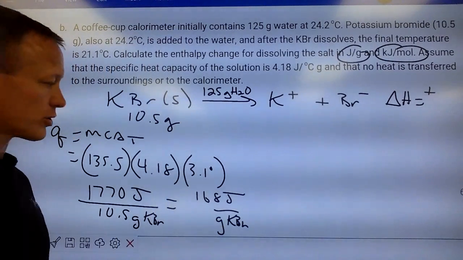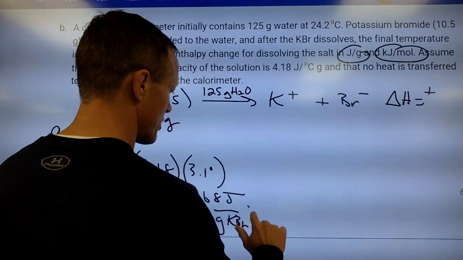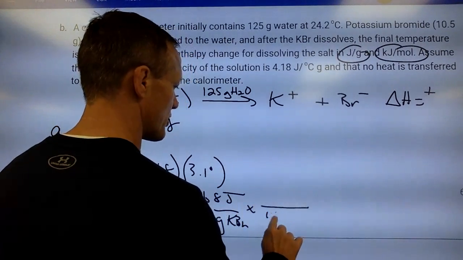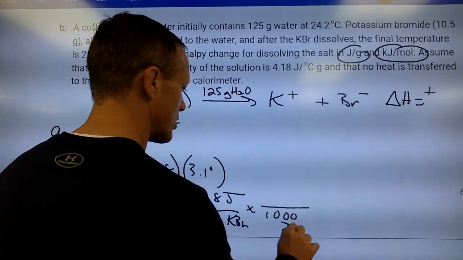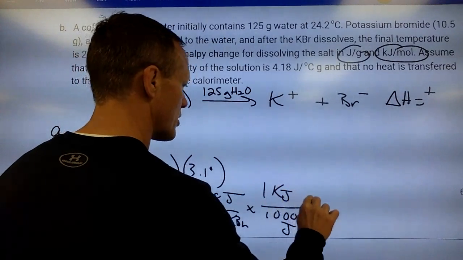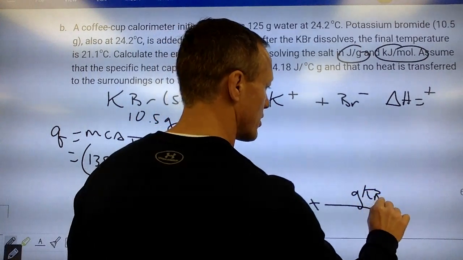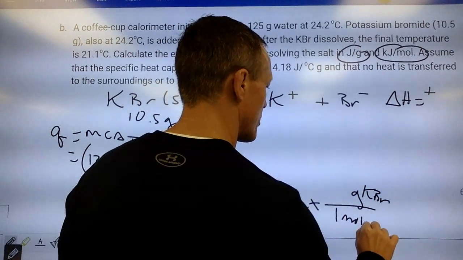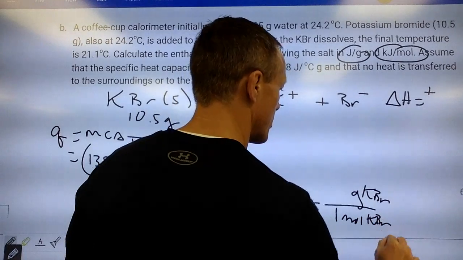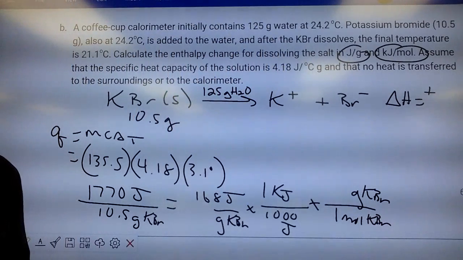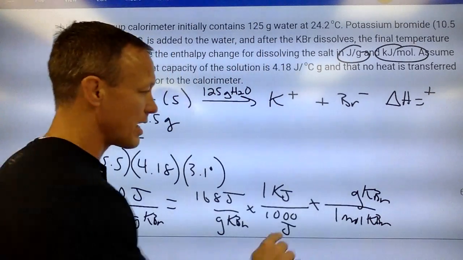It also wants the answer in kilojoules per mole. So we can just take this and turn it into kilojoules per mole. We know that there's 1,000 joules per kilojoule. Grams on bottom, we can go grams of KBr per mole of KBr. That gets to kilojoules per mole, and this is 119.